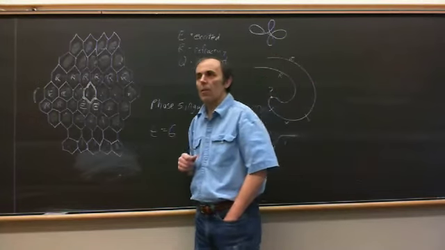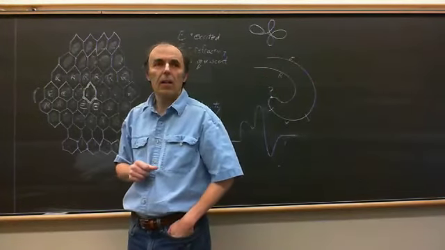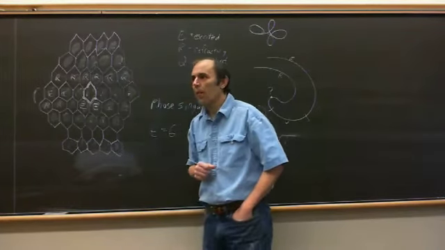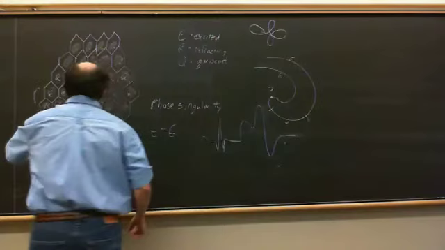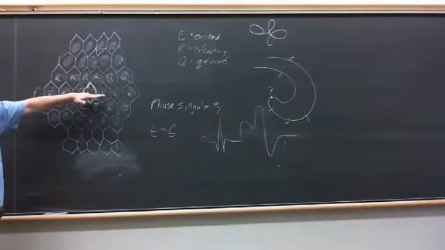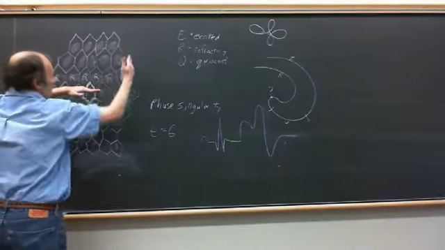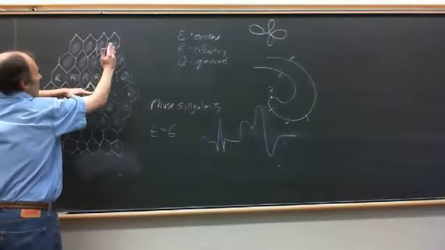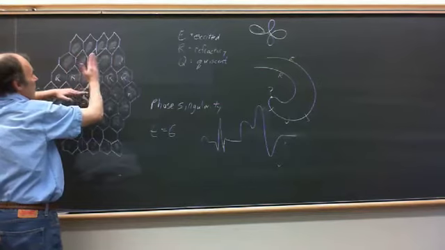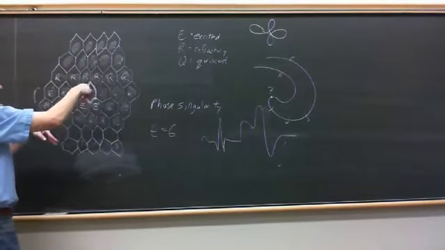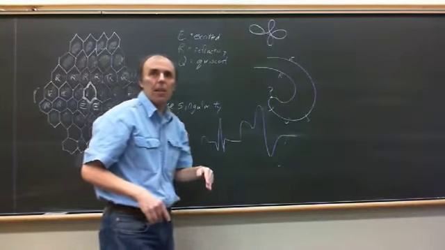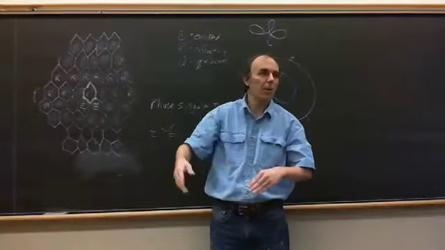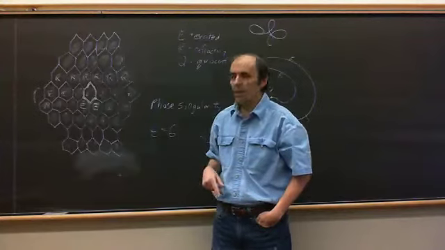Other questions about the model? Another way you can start up a phase singularity is you can start the wavefront propagating up from the bottom, and then at some time you can stimulate along this edge, and you can get a wavefront that looks like it's propagating across this way, but they'll meet down here somewhere, and it's called cross field stimulation. It's a way experimentally you often start up phase singularities.